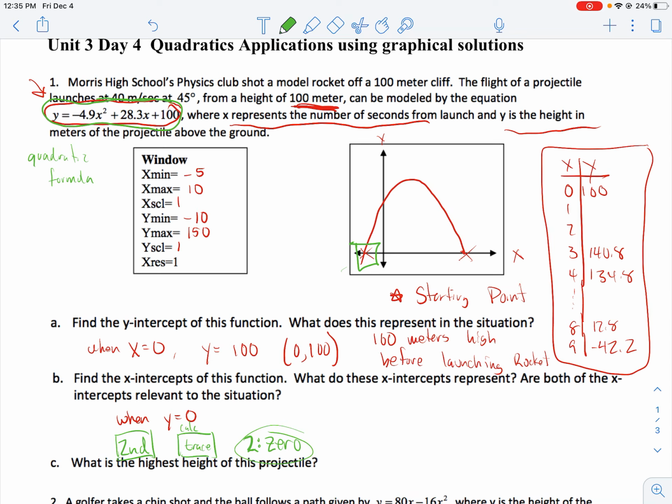Okay, so once you click that, you're going to get your picture. And so your cursor, as we go from left to right, we want our left bound to be above where we intercept the x-axis. So it'll be your left bound. Your right bound will be just below it.